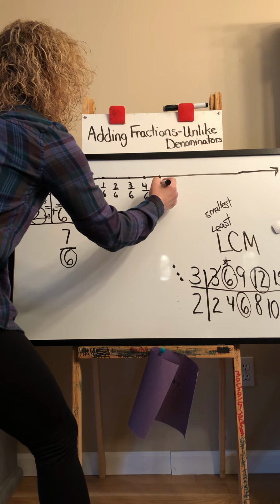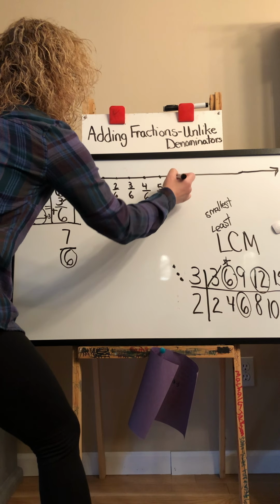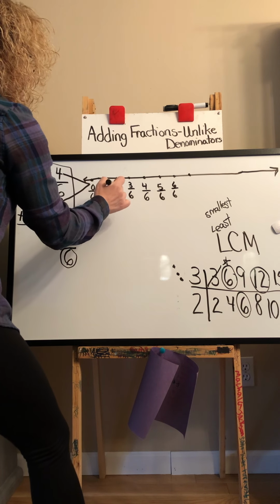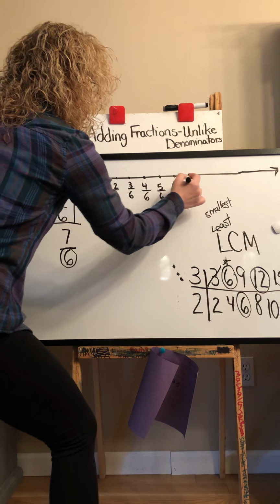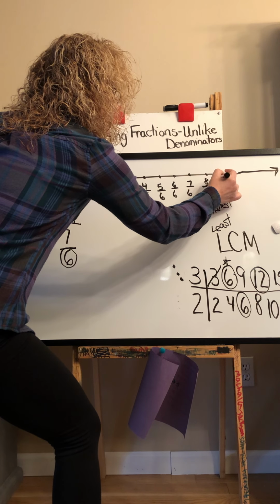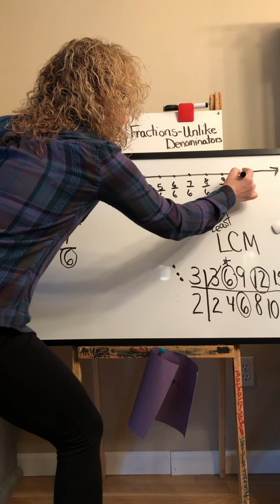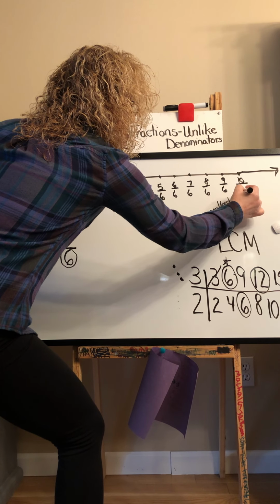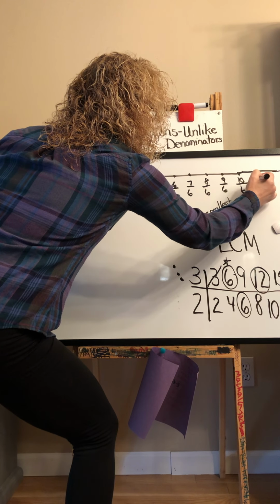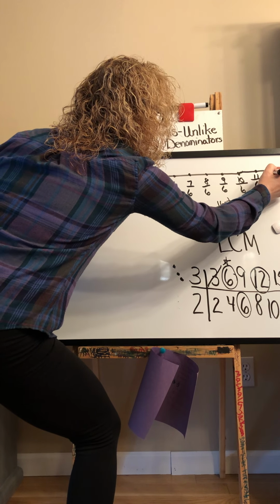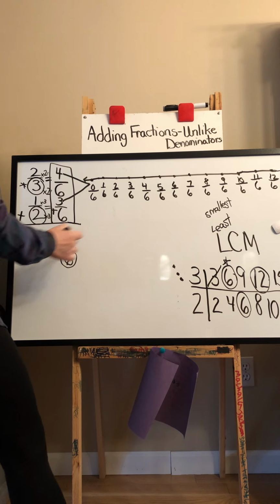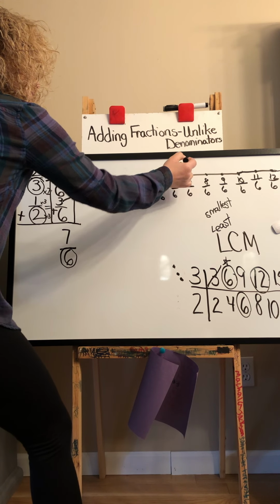It's easier than area models for me to make each part as equal as I can. 0, 1/6, 2/6, 3/6, 4/6, 5/6, 6/6, 7/6, 8/6, 9/6, 10/6, 11/6, 12/6.